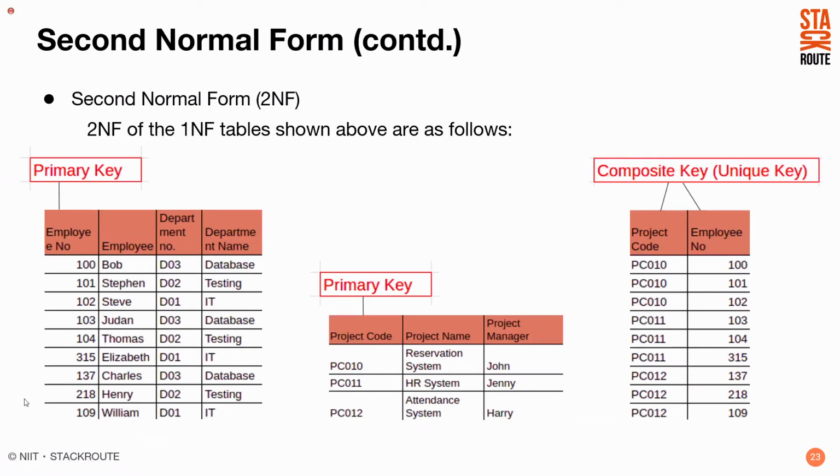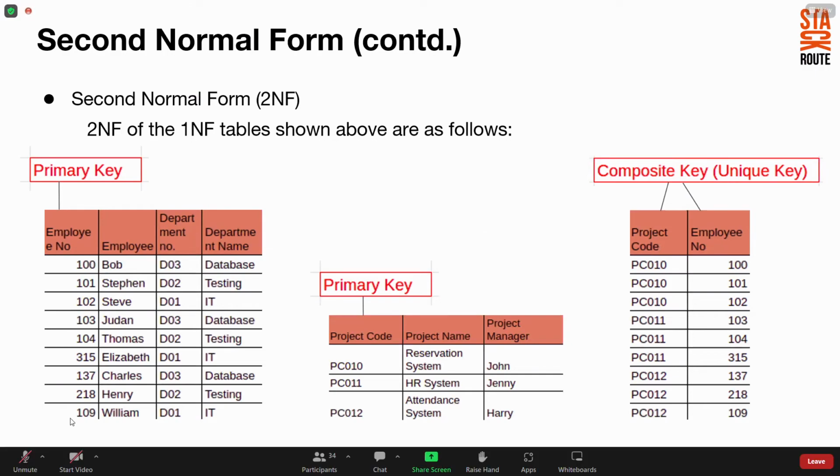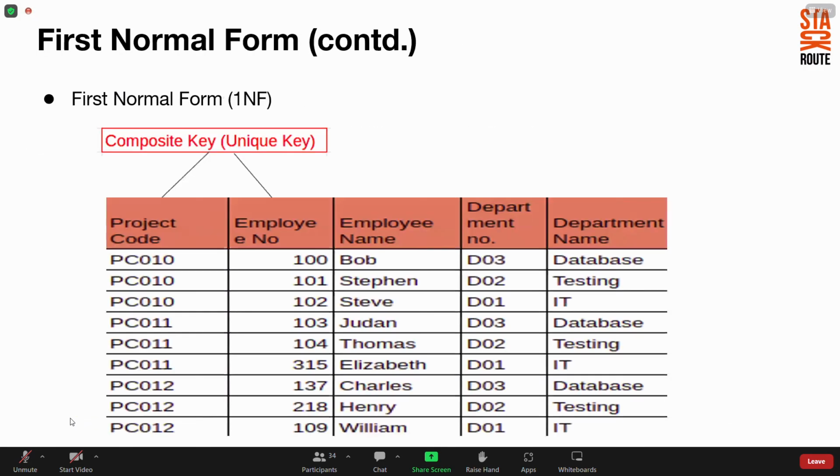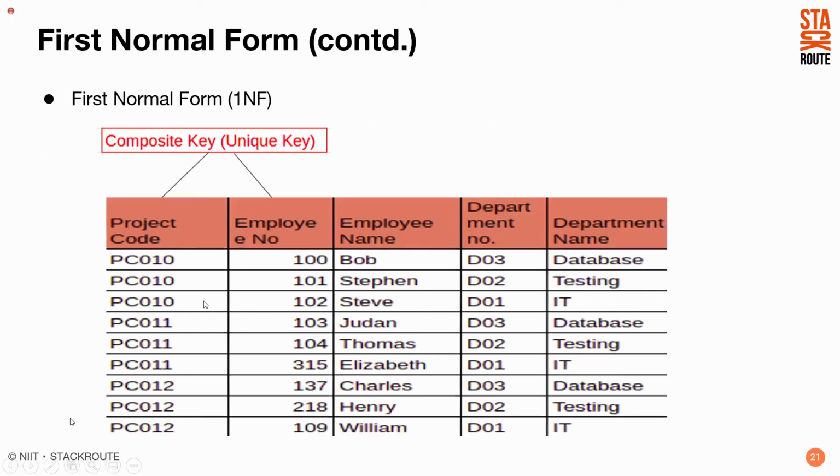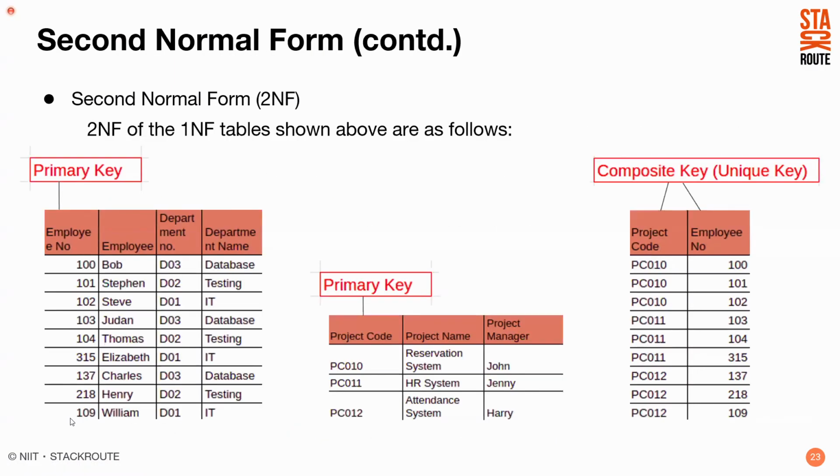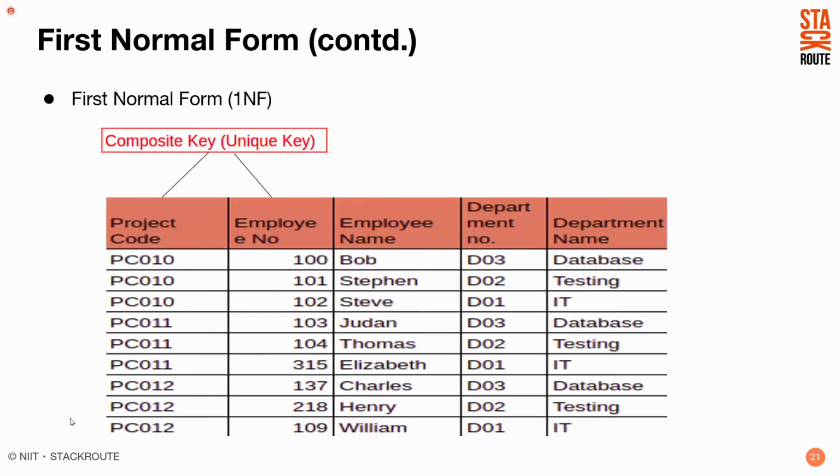So the one single table is already divided into 2 tables. Further to that, I am dividing into a third table, holding project code and employee code alone. So I'm having project code, employee number, employee name, department number, and department name. Someone asked the question a few minutes back.